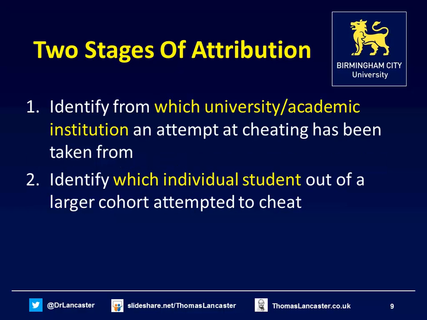There are two stages to attribution, and again this has been covered in our previous work on attribution. First of all, when we find an assignment detail online, the first thing is to work out which university this assignment is from, and that is very occasionally easy.